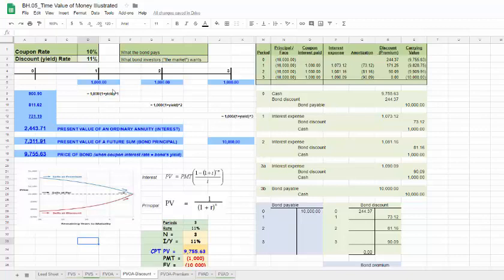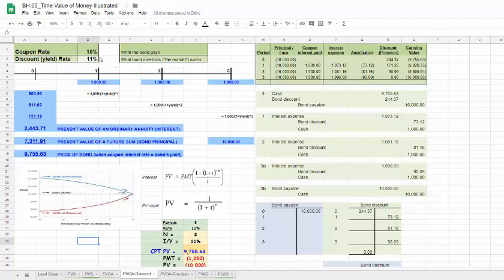So here's the setup. With a bond, you receive two things. You receive the interest annuity, and you receive the principal when the bond term is up. In this case, we have a bond principal of $10,000.